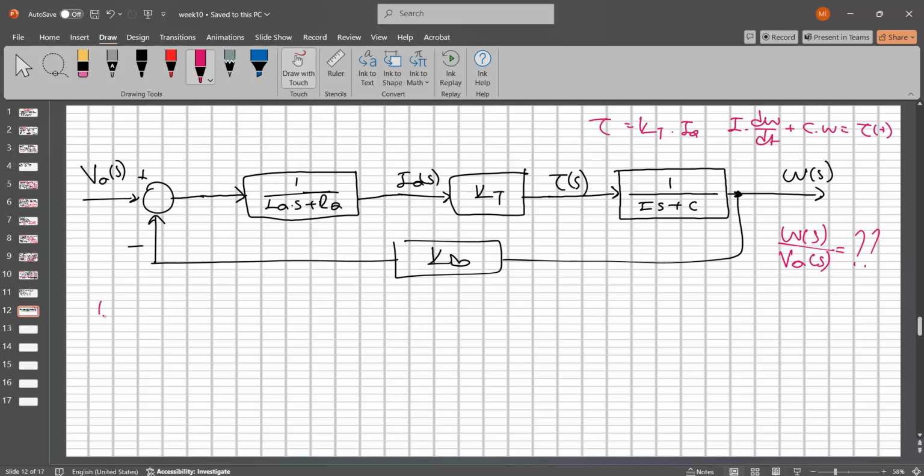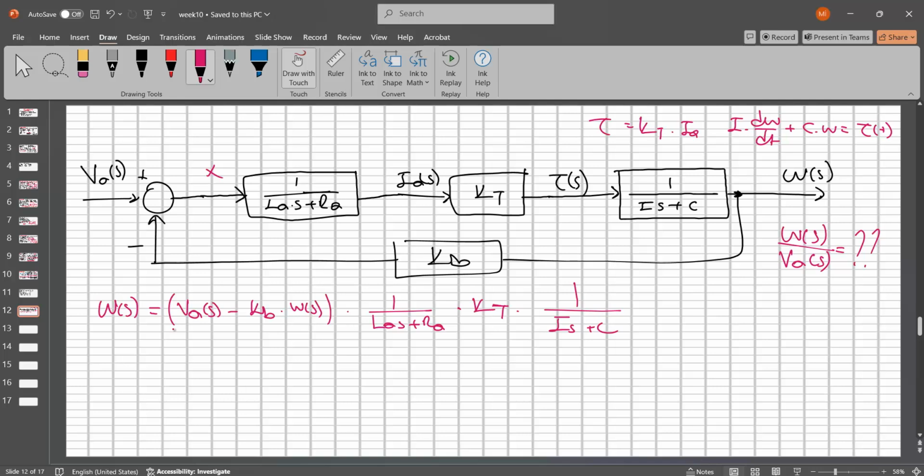See, WS is equal to what? VAS minus KB times WS, right? Times this block 1 divided by LAS plus RA times KT times 1 divided by IS plus C, right? Because this signal is going to WS, and so we can multiply everything in here because we are in S domain, right?